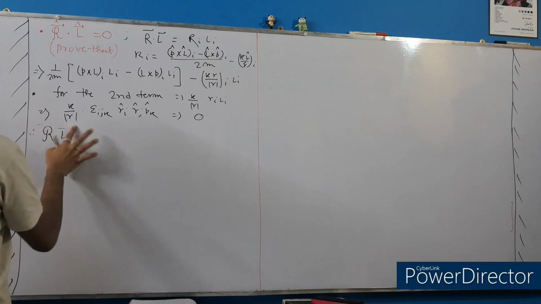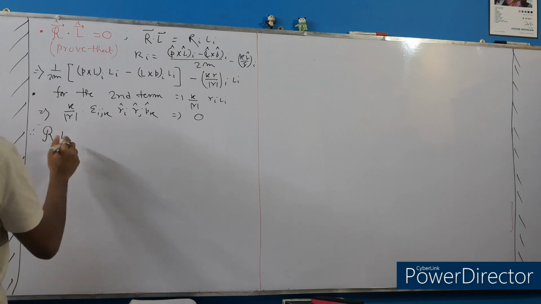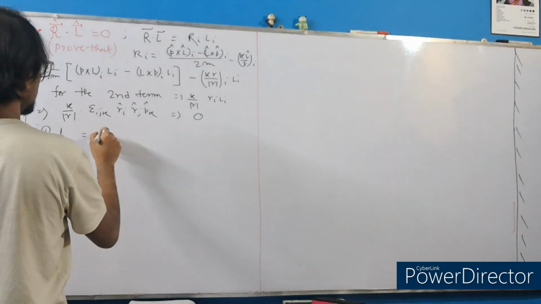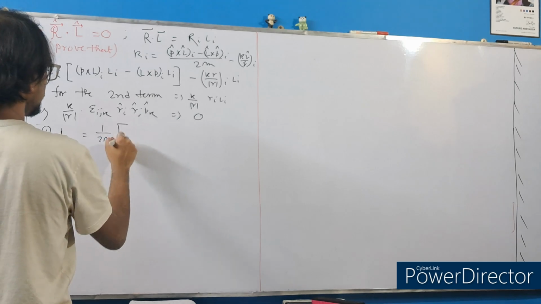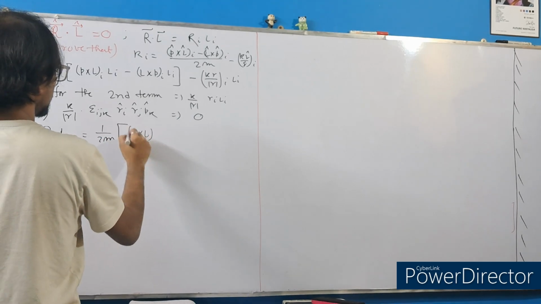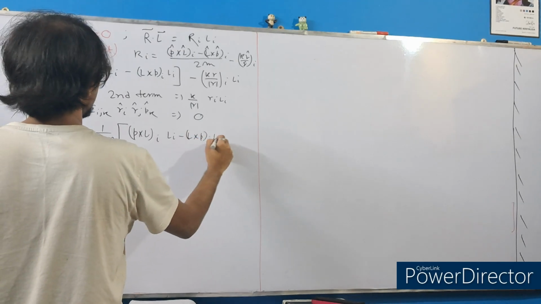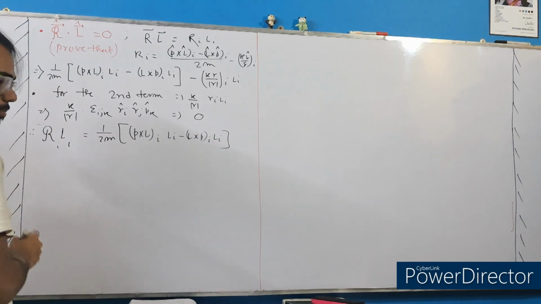I will not give the vector sign because I am dealing with components here. So this is equal to 1 by 2m p cross Li minus L cross pi Li.